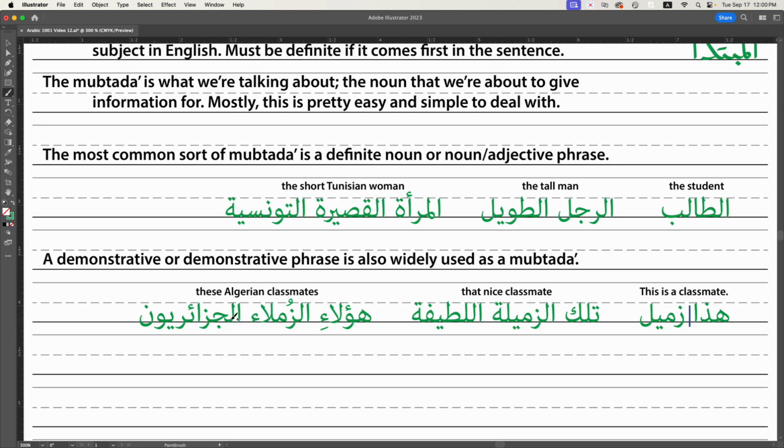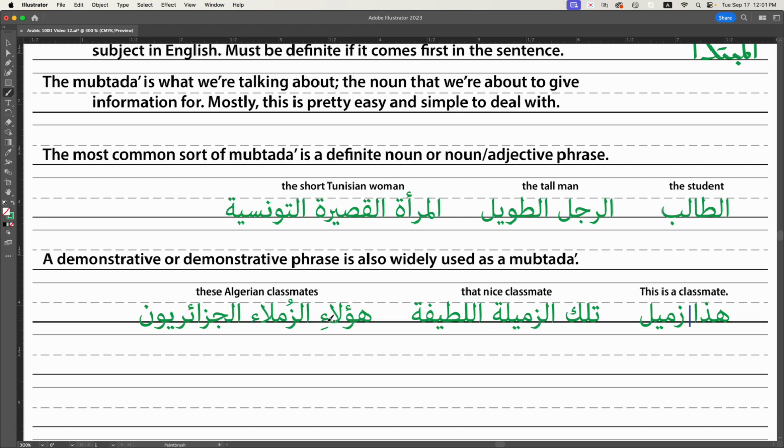And what kind of classmates are they? Al-Jazair, literally the islands, is the name for Algeria because it's originally named after the capital city, which has a bunch of islands in the harbor. And then we're going to turn Jazair into Jazairi to make it Algerian. And then we're going to add the safe human plural ending una to make it human plural.